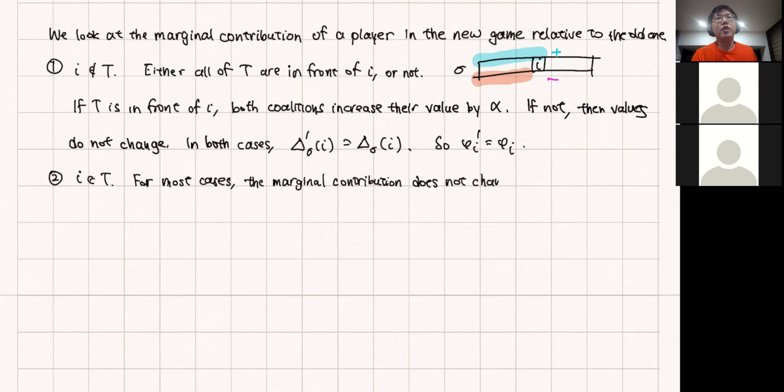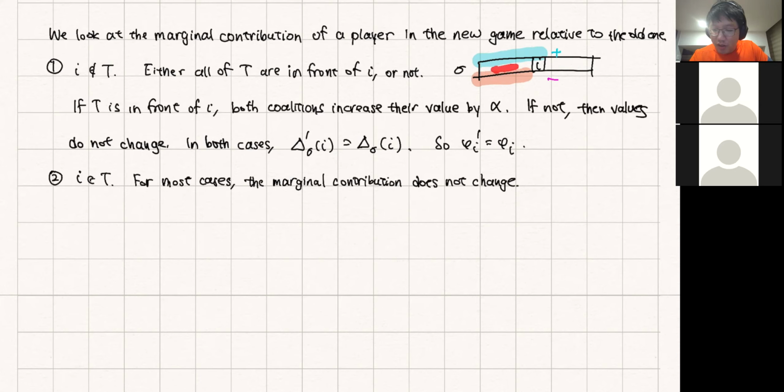But what does change it is when all the rest of T are in front of I. So T consists of I plus something else.